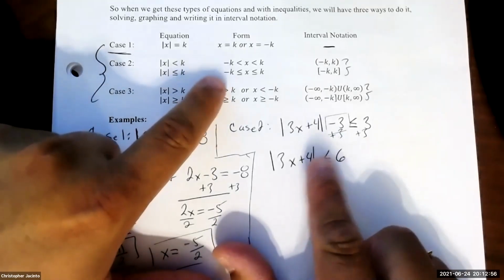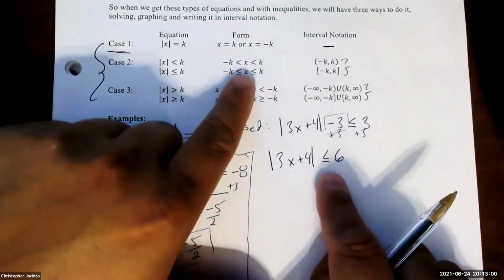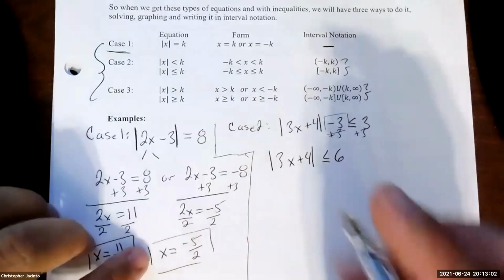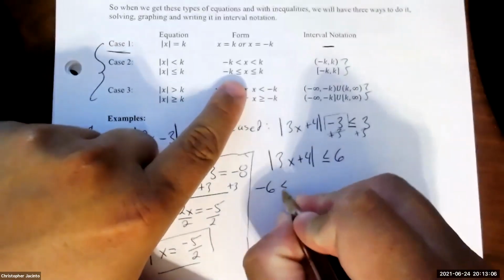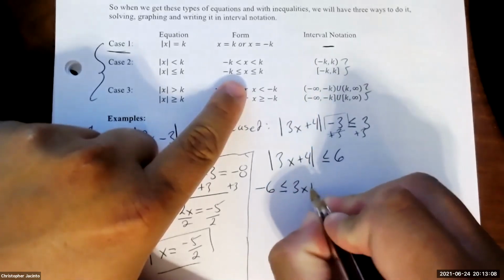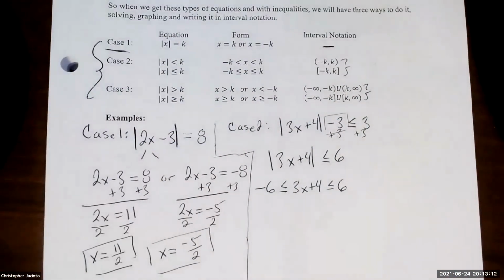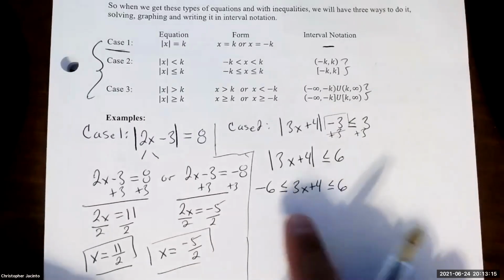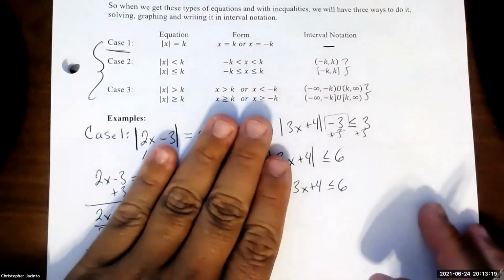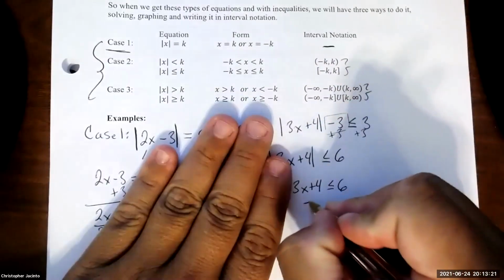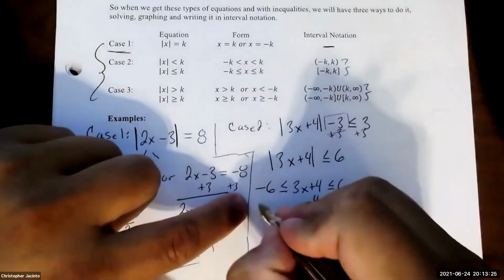Okay. All right, now notice we're going to do exactly what we also learned yesterday. So it's going to be a minus 6, because that's the k value, less than or equal to 3x plus 4, less than or equal to 6. And again, just like we learned last time, we solve for x, but on all three sides. So again, quick review of what we did yesterday. If I cover that up, we just subtract 4. And if I cover this up, we would also subtract 4.